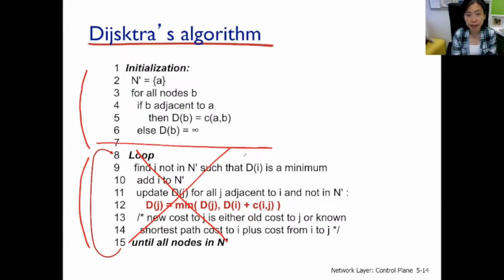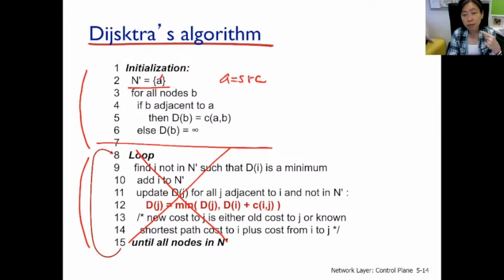So what we're doing first is to initialize N prime, the set of nodes we know already the best route to. And we are quickly including A. The reason is this: whenever we execute the Dijkstra algorithm once, we give also the source of the path. So A here is the source of the path we're trying to discover.